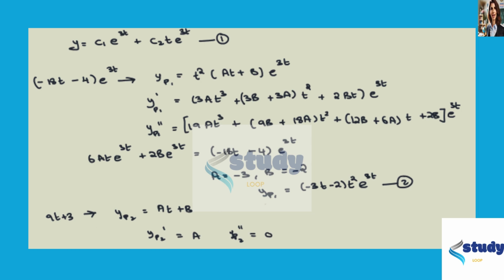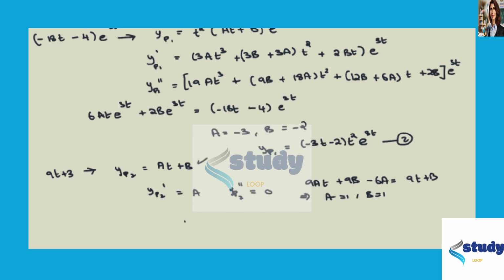Substituting this in the given differential equation, we have 9at + 9b - 6a equals 9t + 3. Equating the coefficients on both sides, a equals 1 and b also equals 1. So yp2 equals t + 1. Mark this as equation number 3.